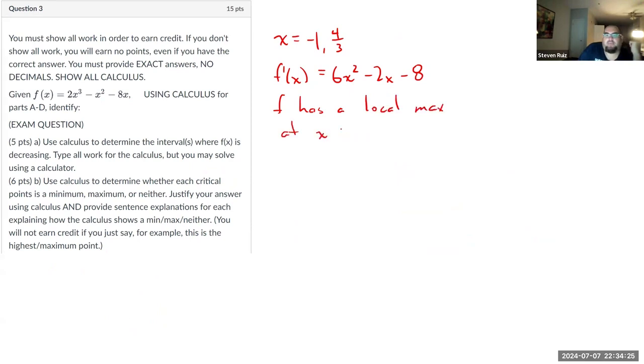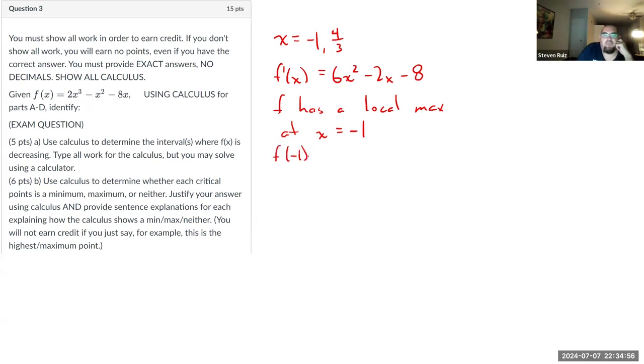at x equals -1. Now, am I asked for both coordinates? It's not clear. So let's do this both ways. Since it's not clear, I'm not going to hold it against you. It didn't give me y values, but I will give you y values. So at x equals -1, let's evaluate it.